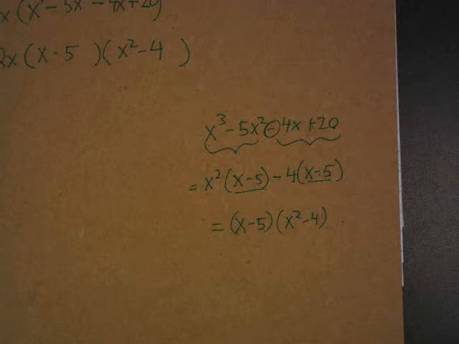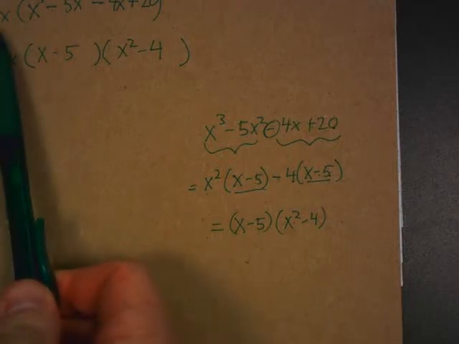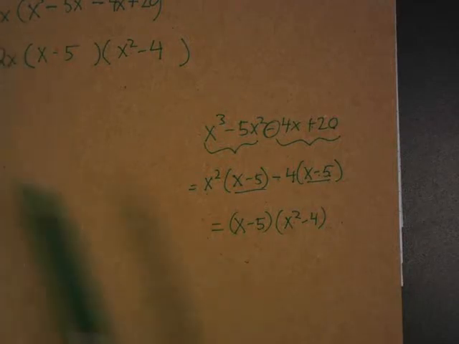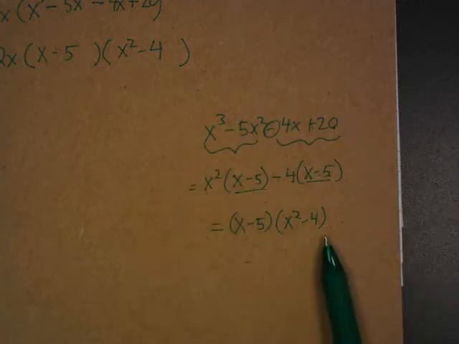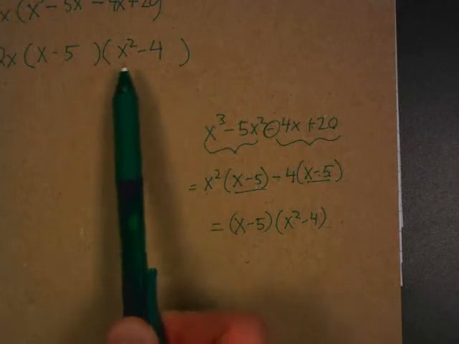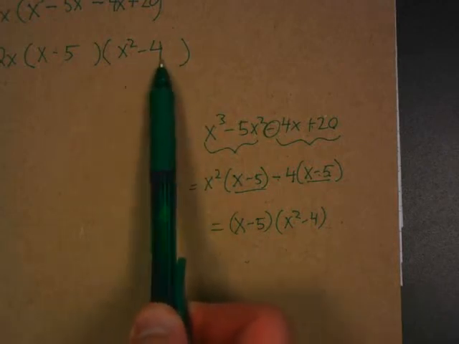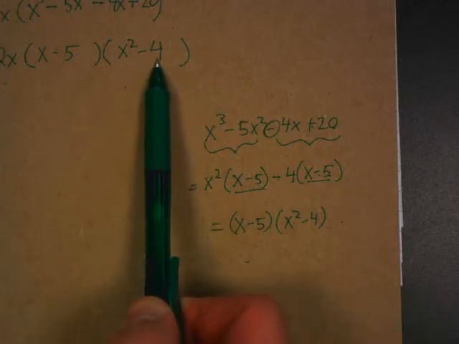So this is a pretty nasty problem. Why is this a pretty nasty problem? There's going to be 3 sets of parentheses, and we had to factor 3 times, didn't we? We first had to take out the GCF. We did that. We took out the 2x. Then we had to come off to the side and do this factor by grouping. We did all that. Then we finally get that done, and we notice that we have this thing which has difference of perfect squares. We can factor more.